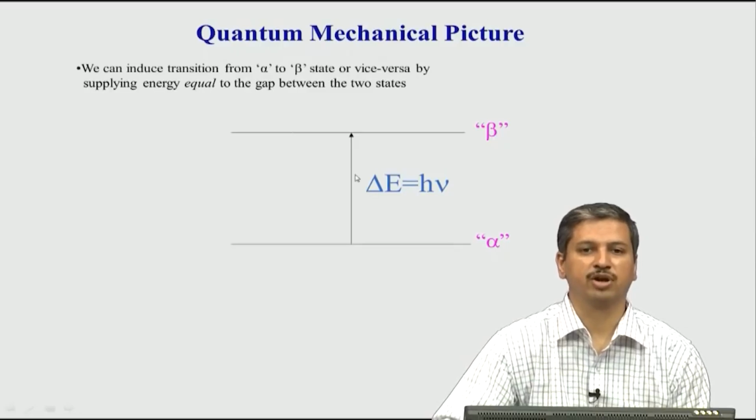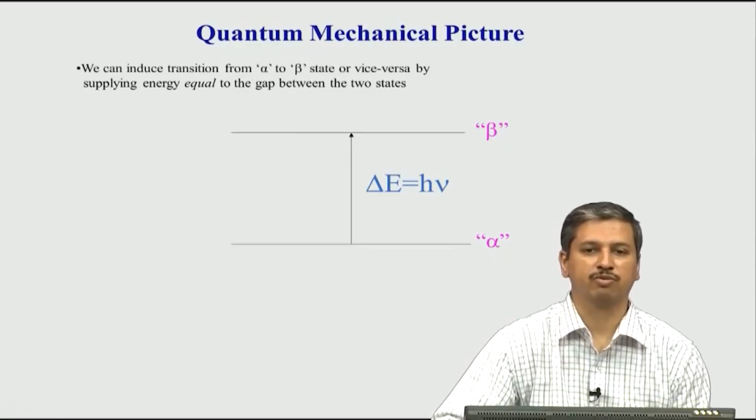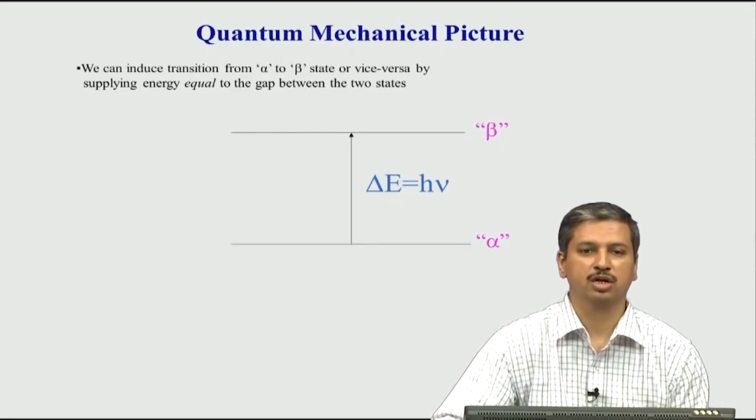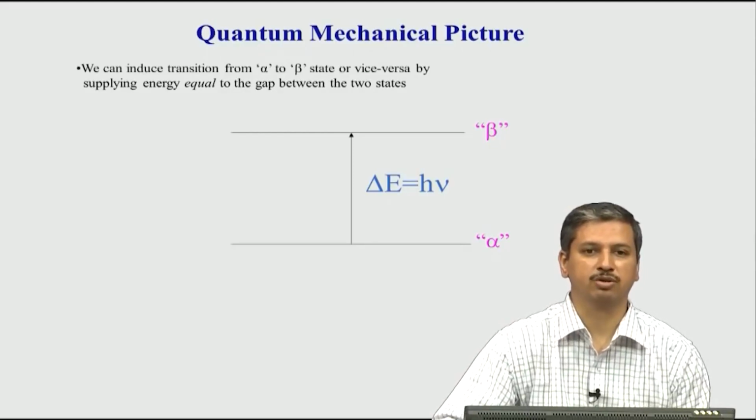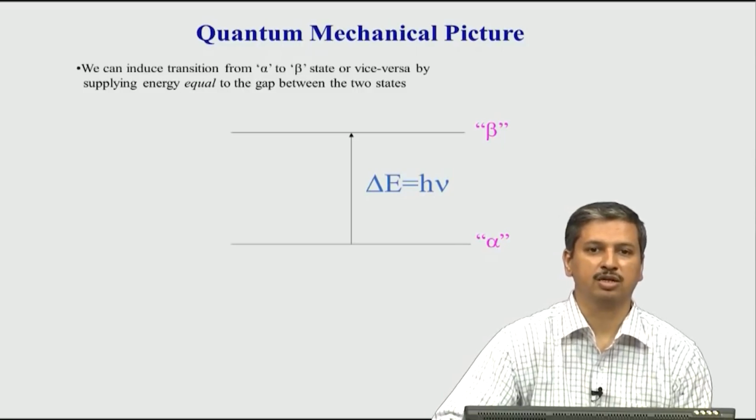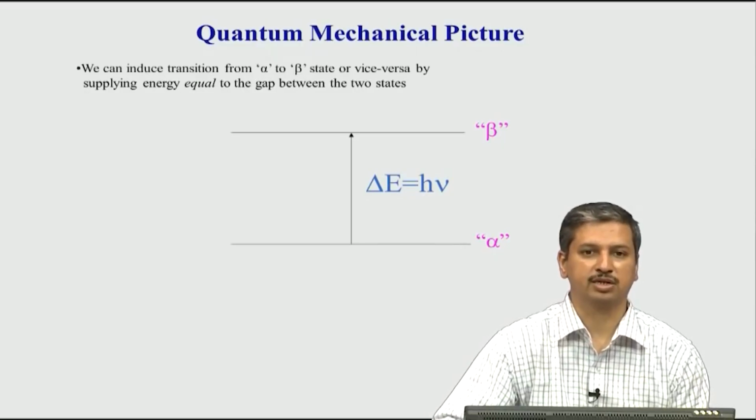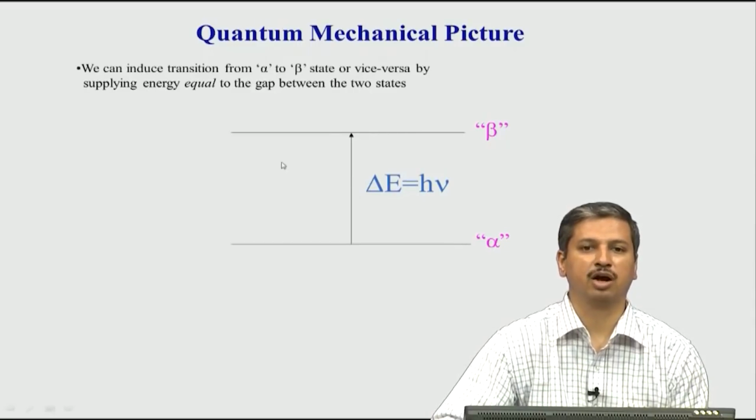So, the basic idea of NMR can now be said as follows. You take a sample containing molecules in which the atoms have a nucleus with non-zero spin. Take the sample in a magnetic field, let us say applied along the z direction. The molecules now get distributed into two populations, two states alpha and beta, because of their interaction with the magnetic field.